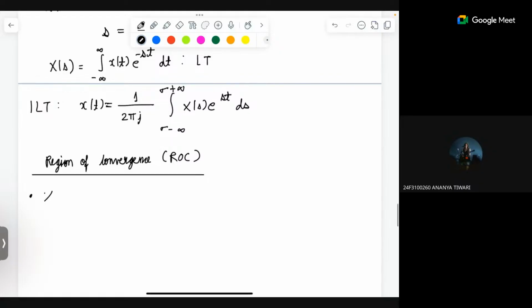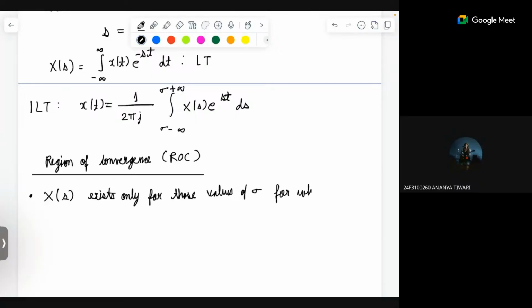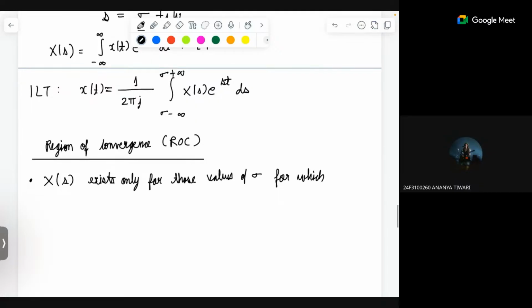Now here, the Laplace transform does not exist for any arbitrary value. I'm writing it down: it exists only for those values of sigma for which the Fourier transform of x(t) multiplied by e raised to the power of minus sigma t exists.